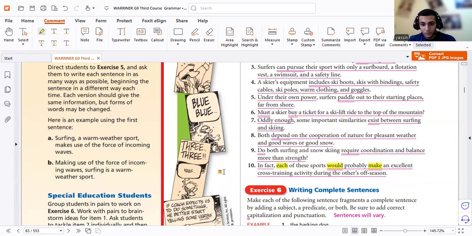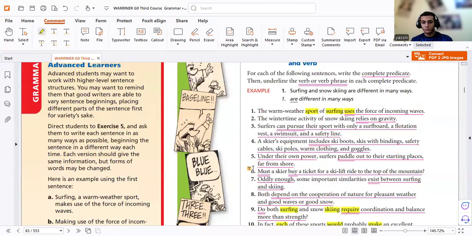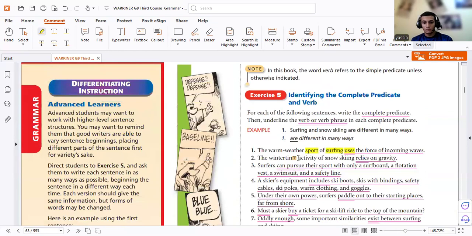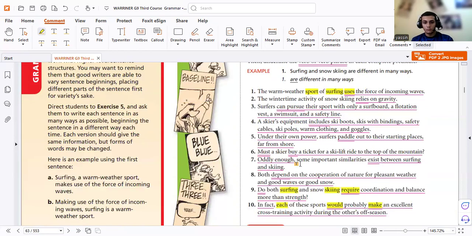Yeah, it's sports, okay. But later we'll know that it's one of the sports, each one of them. So we're talking about one, not all the sports. That is a good thing. Both surfing and snow skiing. So surfing and skiing, your subject is plural. That's why. So at home, of course, read the question, find the answer, and you can do it.